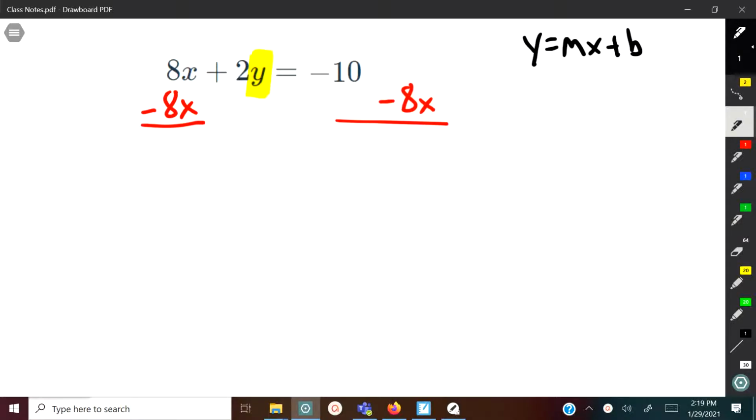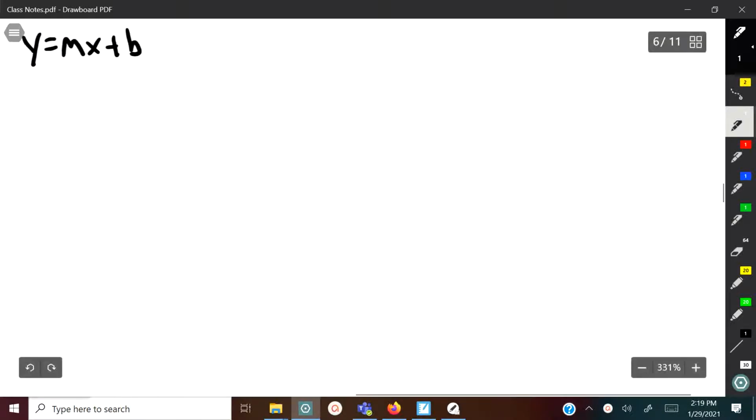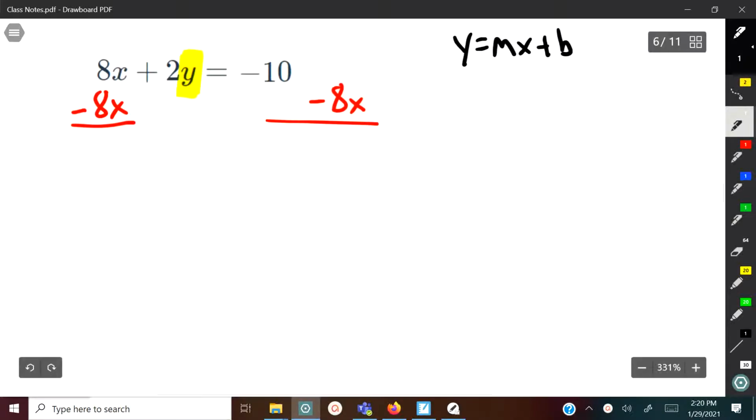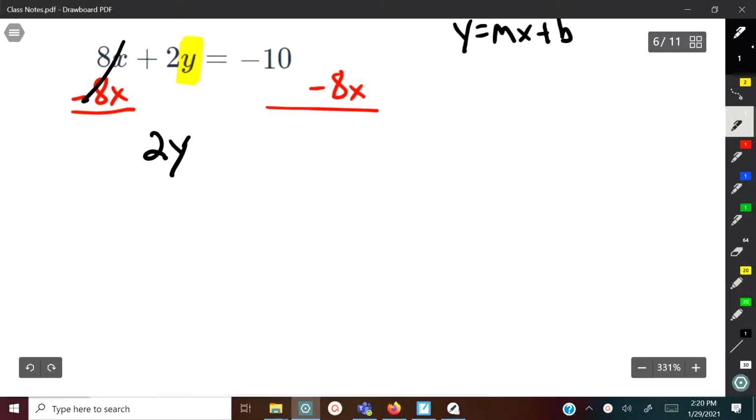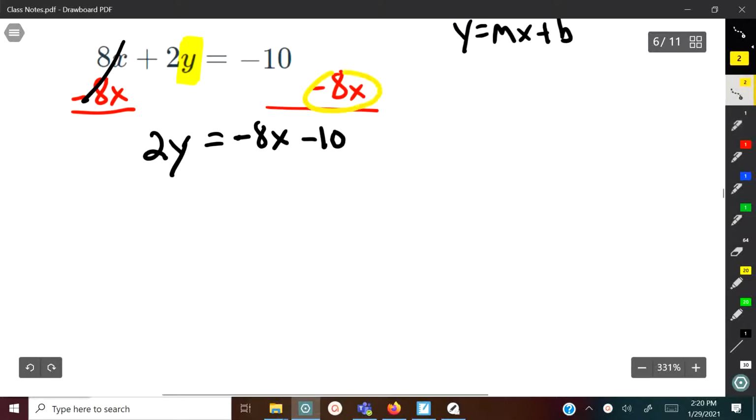The 8's cancel out here, and I'm going to bring down this 2y. And that's going to be equal to negative 8x minus 10. So I just wrote this right here, and I brought this over here. Just like the literal equations, you can't really compute them like that.